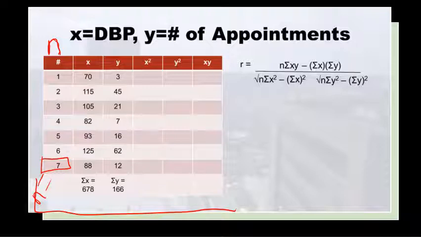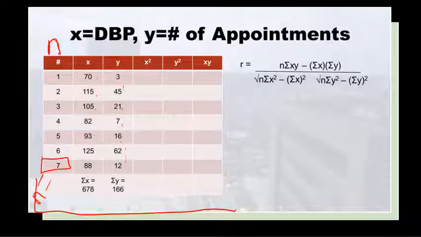But anyway, then we're going to go ahead and put in your X's and your Y's. Pretend this happens after we already conducted the study and gathered our data. Remember X is the diastolic blood pressure. So we have all the different blood pressure readings of each patient right here in your X column. And your Y column was the number of visits, or number of appointments, that each patient had.